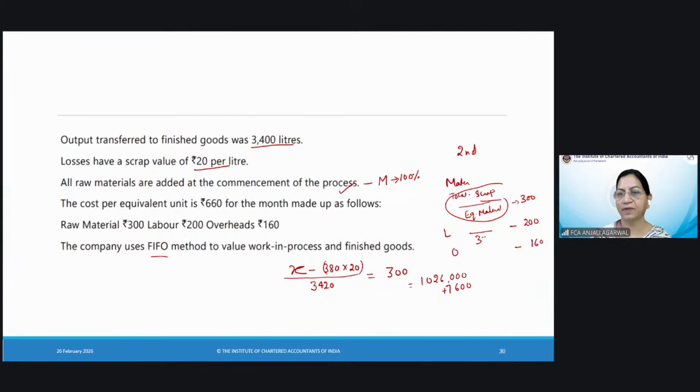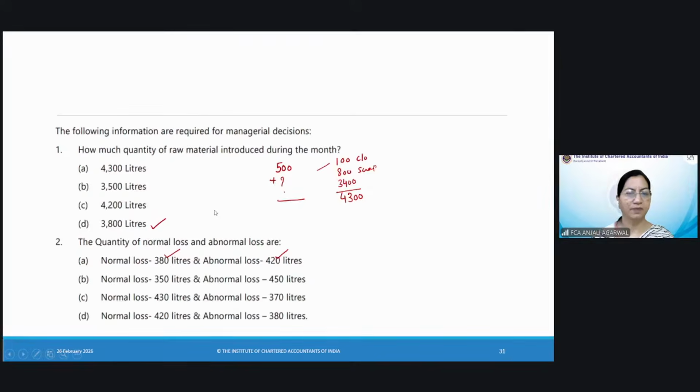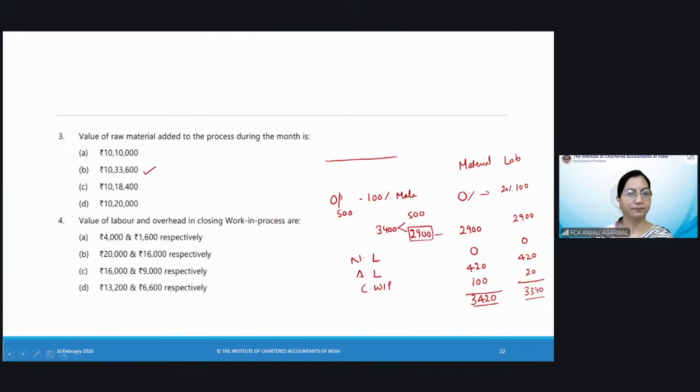And this statement says it is 200. So something divided by 3,340 gives you 200. 200 into 3,340, that would be the labor. Okay. Contained in closing WIP, so 20 into 200, 4,000.